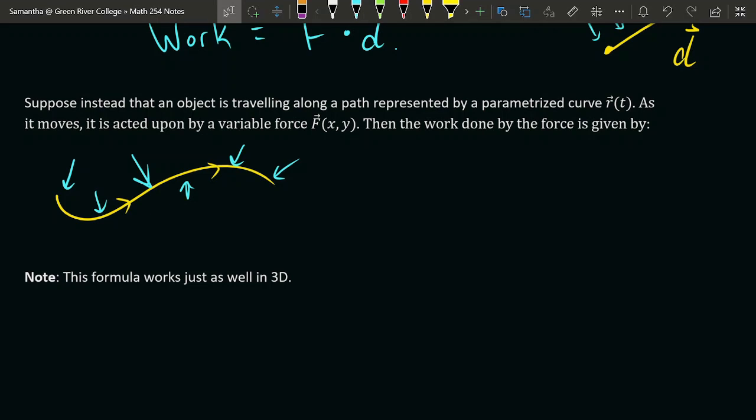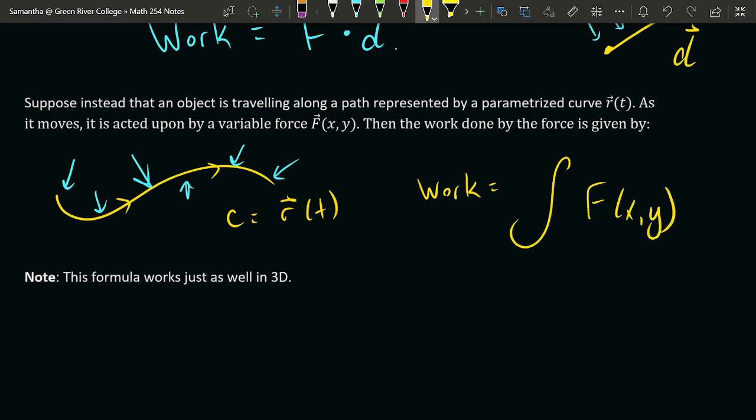integral. In this particular situation, if I represent the path traversed by the object by a parameterized curve r of t, and if I represent the variable force by F of x, y, then I would find this work done by doing a line integral of the force over the parameterized curve, over this parameterized representation of the object's movement.